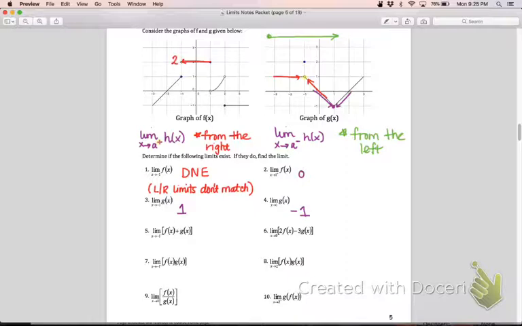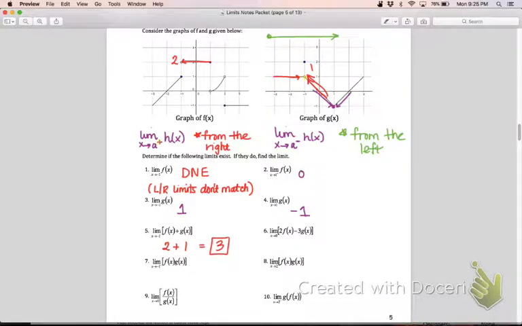And then we want to do the same with g of x. We want to approach negative 1 from the left. So that's going to be this red arrow that's already there, and that goes towards 1. So that means for our limit, we want to look at 2 plus 1, which is going to be 3. And that's the answer.